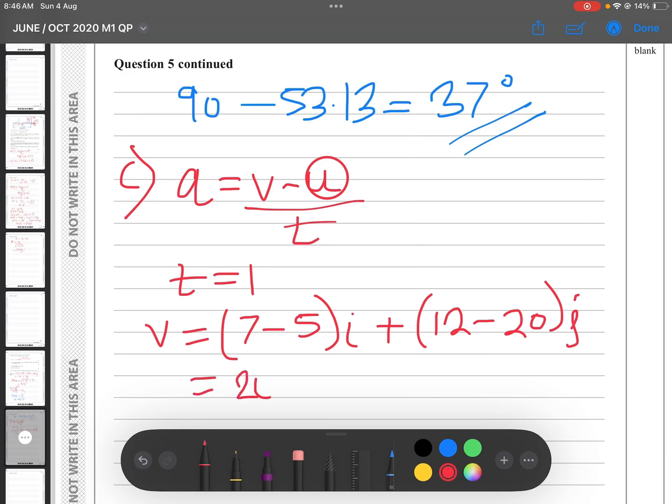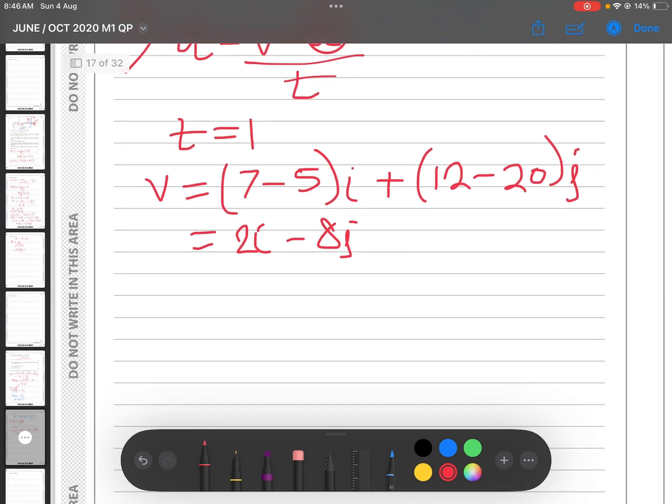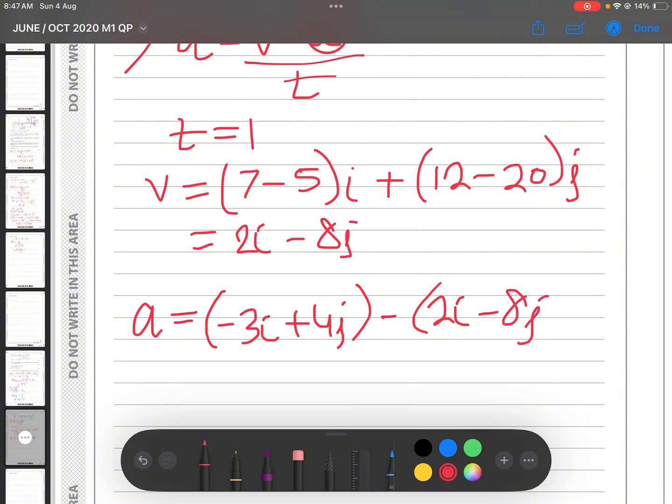Simplifying this, we are going to get 2i minus 8j. Now we have when t equals 1, it's 2i minus 8j, and when t equals 2, it's minus 3i plus 4j. Now if we substitute this into the acceleration equation, first we substitute t equals 2, so minus 3i plus 4j minus 2i minus 8j. The whole thing divided by 1, because 2 minus 1 is 1.